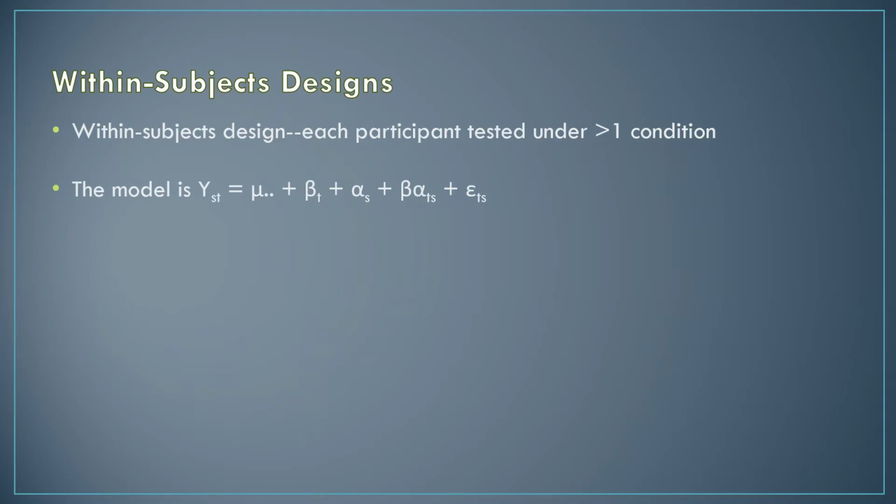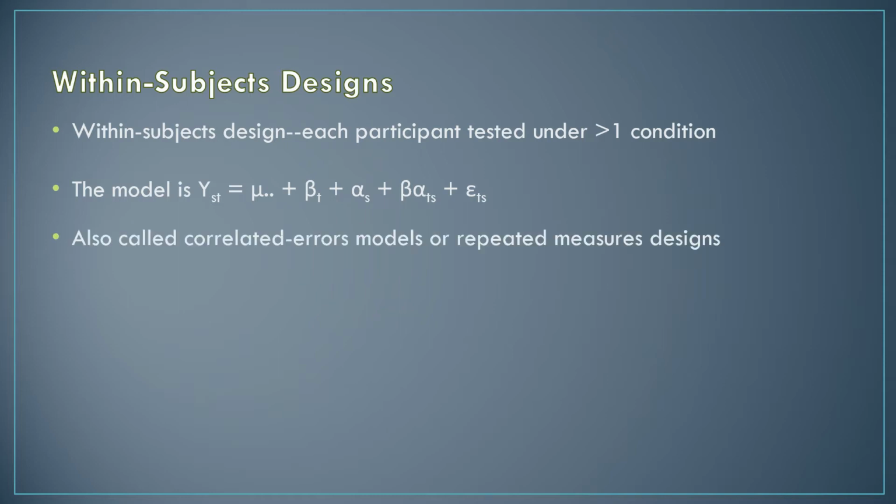And this is what the equation looks like for this type of model. Very similar to the between subjects designs, but slightly different based on the variances that are being used. These within subjects designs are also called correlated error models, but the one that you would most likely hear is repeated measures designs, or this can also sometimes be called longitudinal ANOVA.